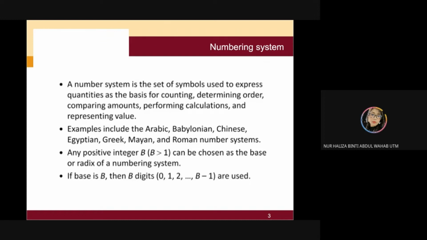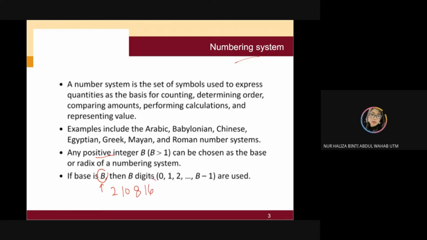This is just the introduction, and we have so many numbering systems. Normally in mathematics we have a positive integer greater than 1, and we're going to have a base b, which is base 2, base 10, base 8, base 16.